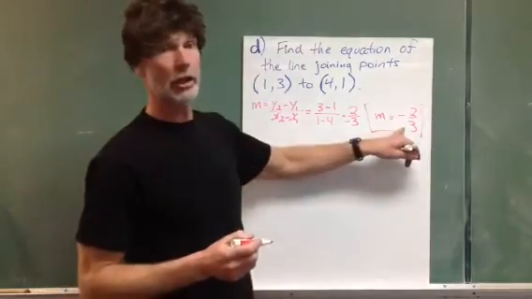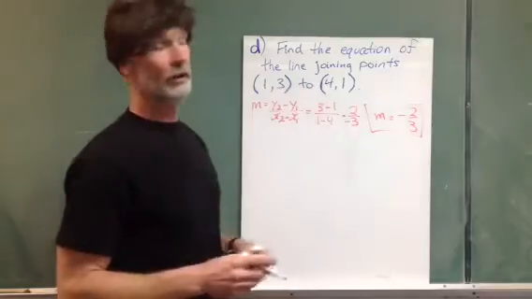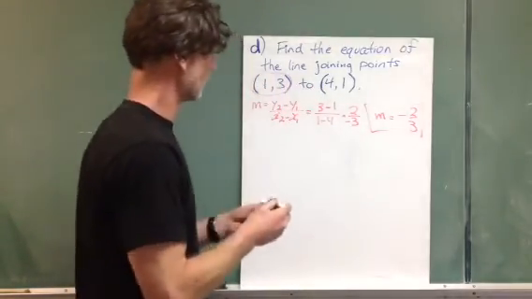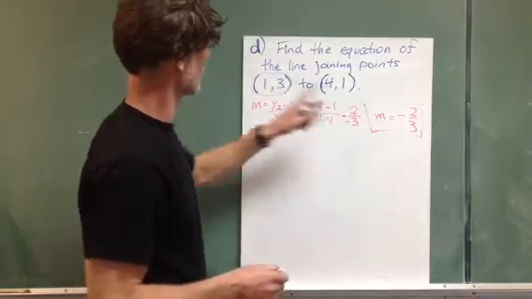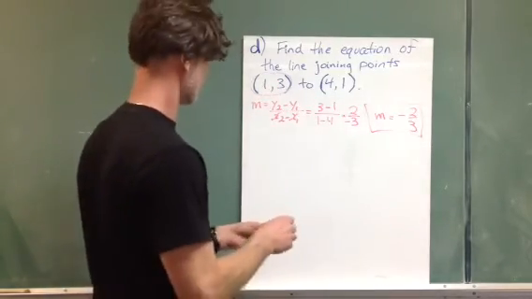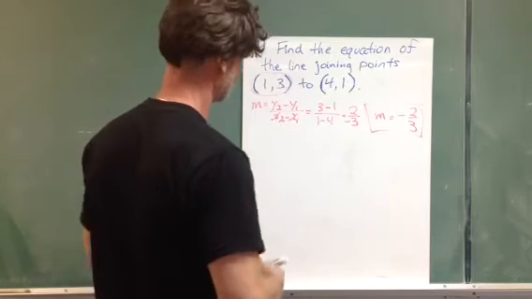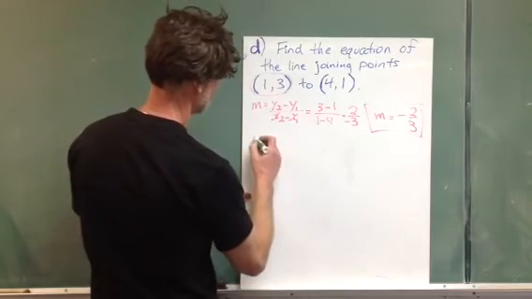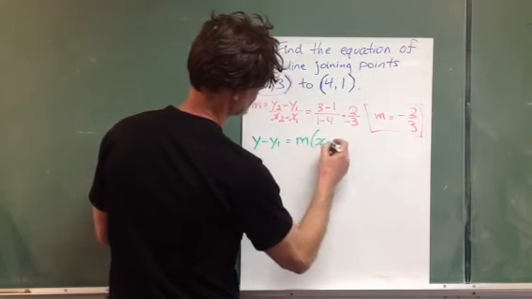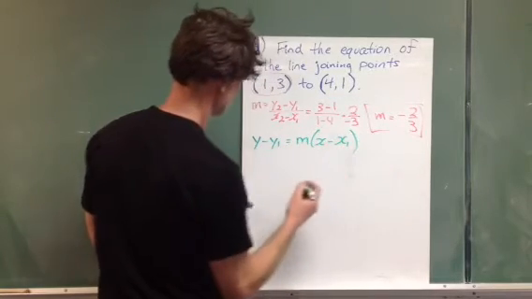And so now I have a slope, and I need a point. Well, I have 2 points I can choose from. Eeny, meeny, miny, moe. That one. Okay? So I'm going to use that slope and that point now to find the equation of the line. So y minus y1 equals m times x minus x1.